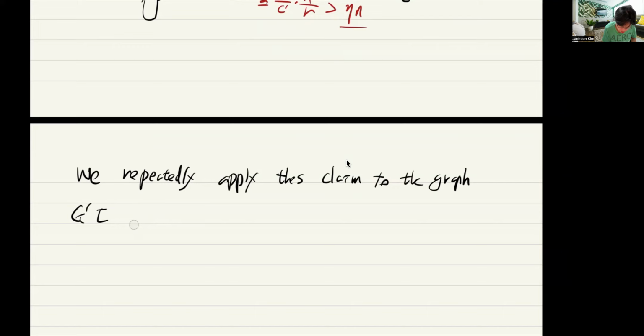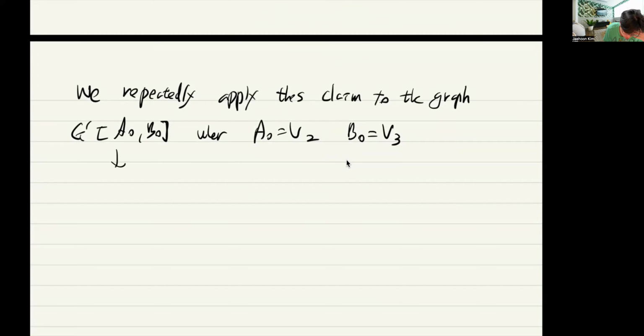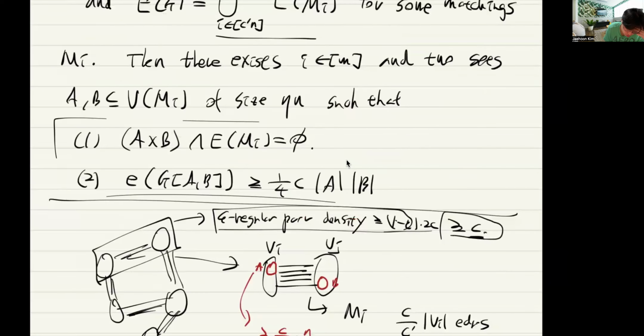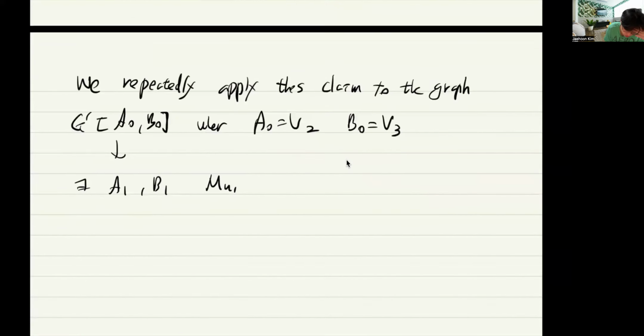So let's say they are A0 and B0, where A0 is V1 or V2, B0 is V3. Then what? You apply this, then you get A1, B1, and M, say U1, satisfying these two conditions. And then you use this as your new C, and then C prime is same, and then you apply again, then you get what?